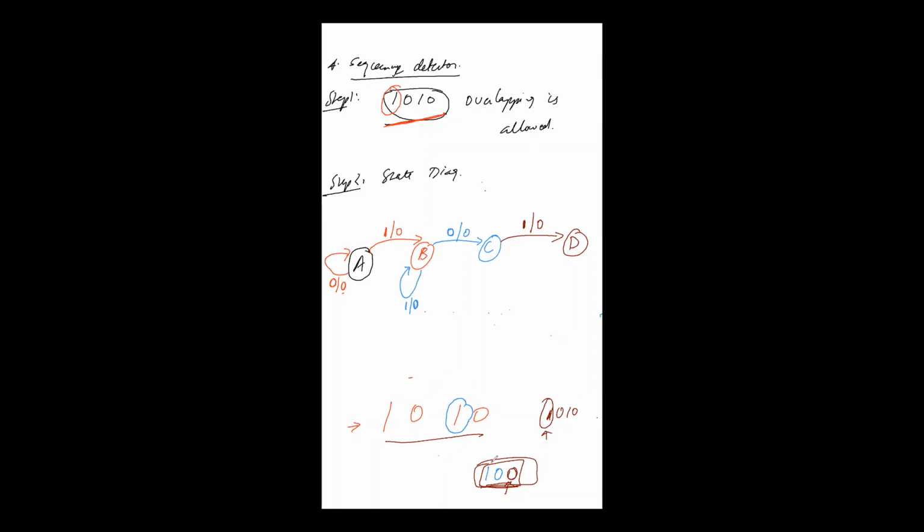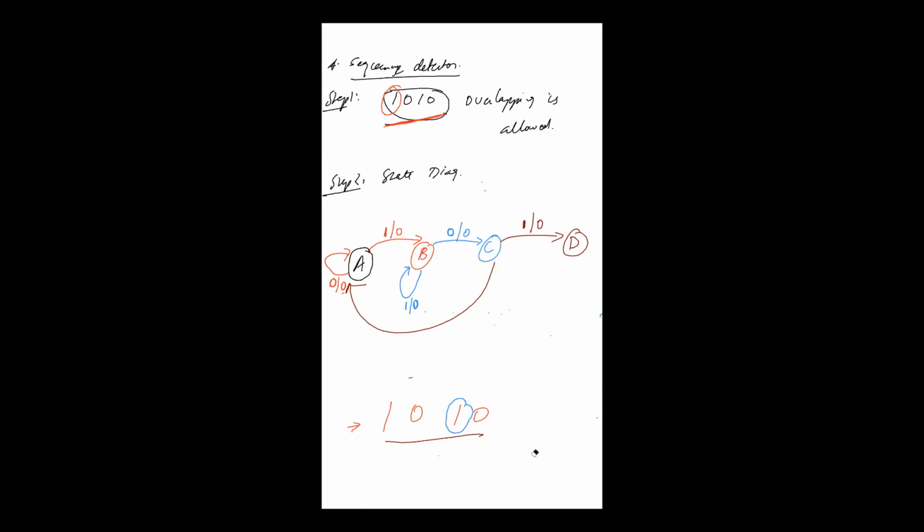So the machine will go back to A and start again. Suppose at A you get 1, then it will start to detect the sequence again. I hope this is clear. I will explain it again.